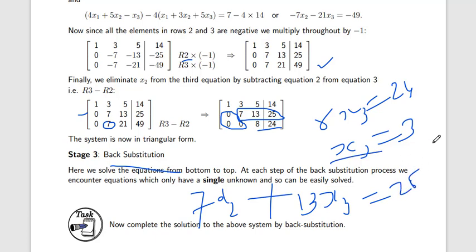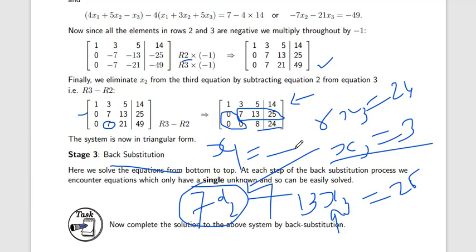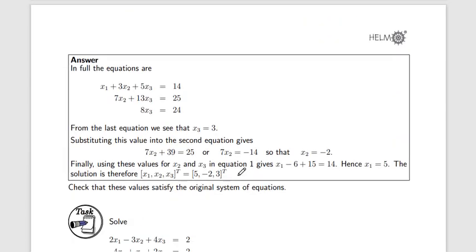We already have the value of x3. Put it in this equation and we will get x2. Now we have two values, we put them in the first row, first equation, and we will get x1. So now we have solved the linear equations: x1, x2 and x3.